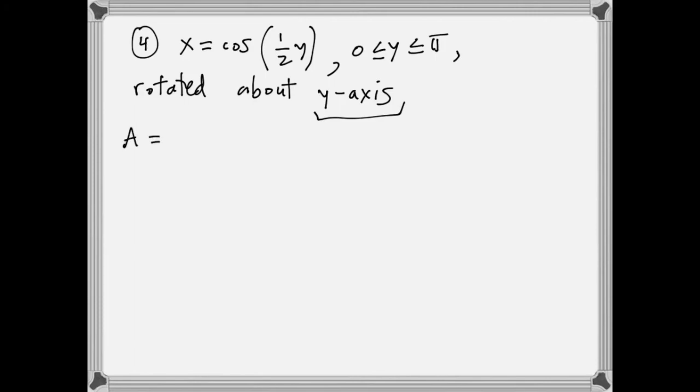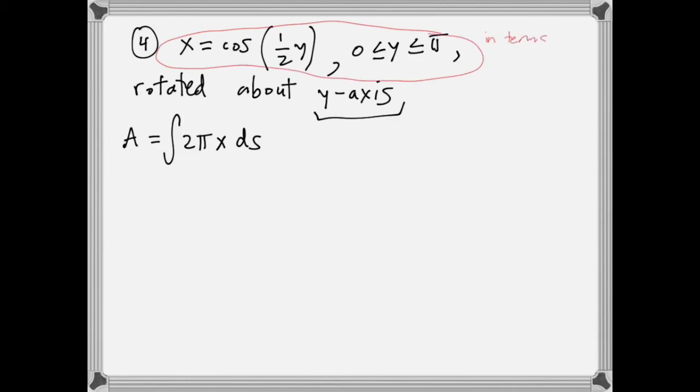So I know that it's going to equal, remember, we put the opposite variable in here, 2 pi x ds. Okay, so what now? Everything is in terms of y, isn't it? We've got a function of y, and we also have the y limit. So this is in terms of y.